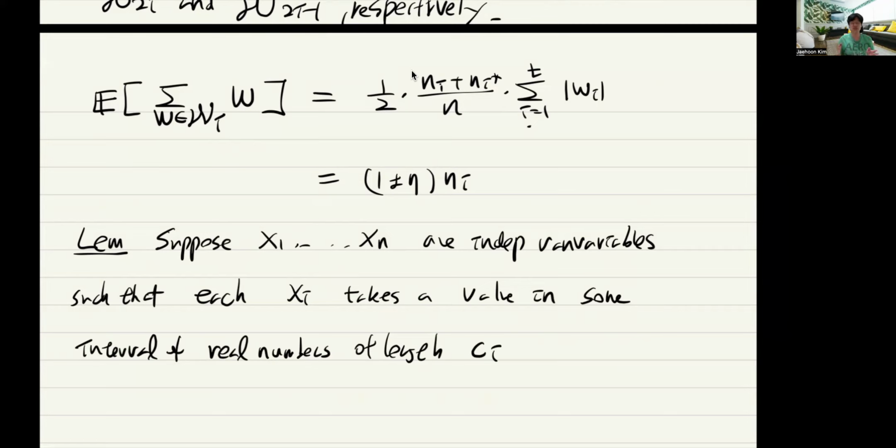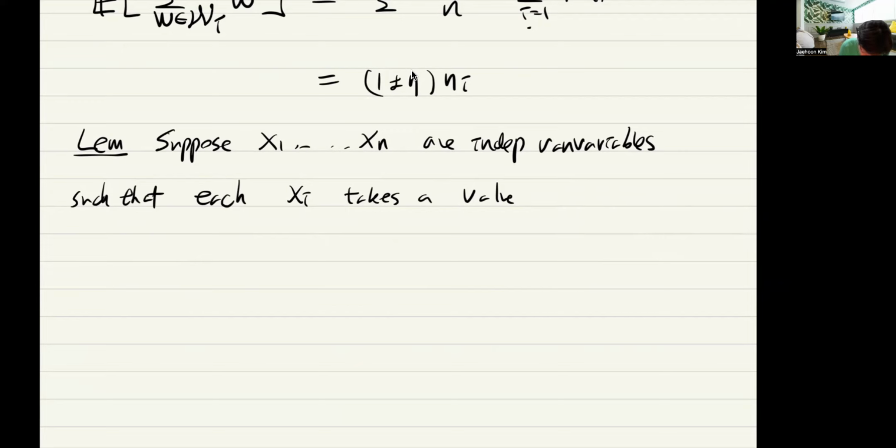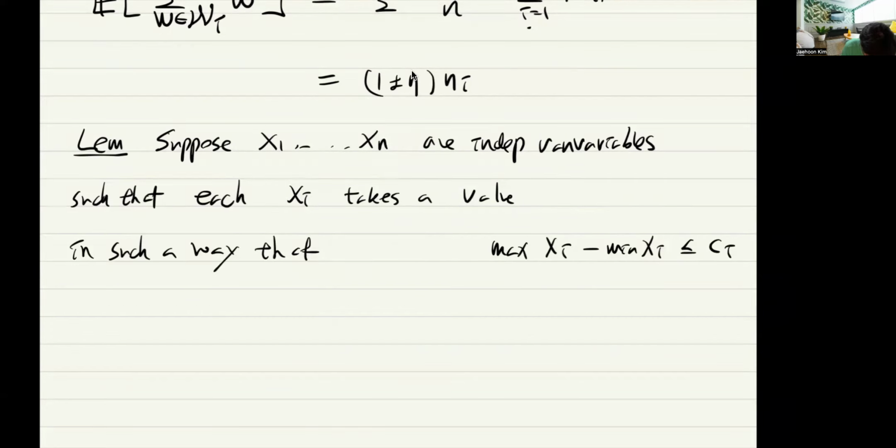The difference between the maximum possible value of xi and the minimum possible value of xi is at most c_i.